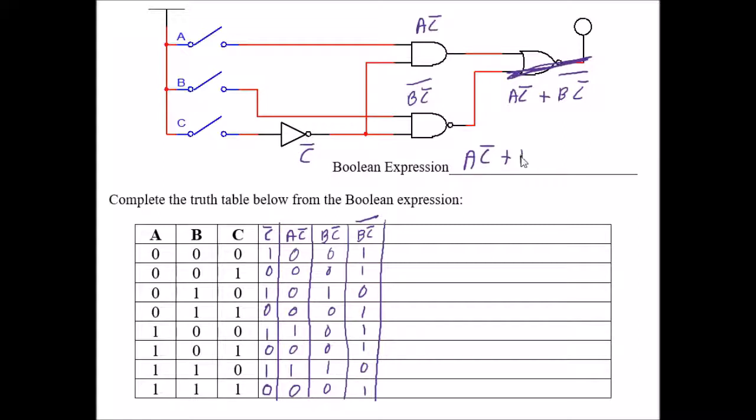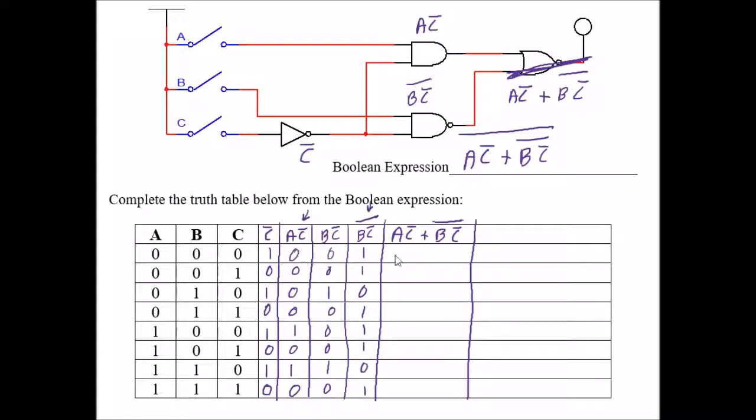So my final expression is that. All right, I'm going to do this in 2 steps. First, I'm going to do the A NOT C ORed with a B NOT C, and let's see what that looks like. So that is my A NOT C, that's this guy, or this guy.